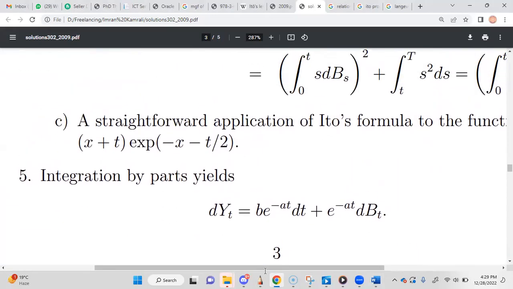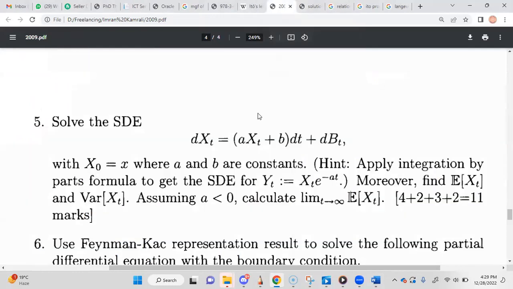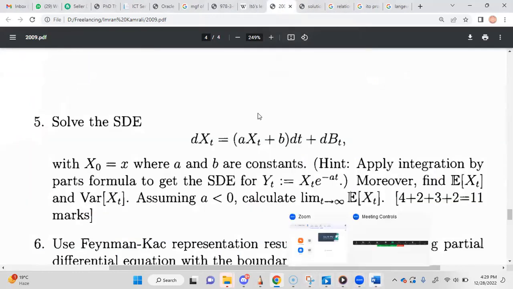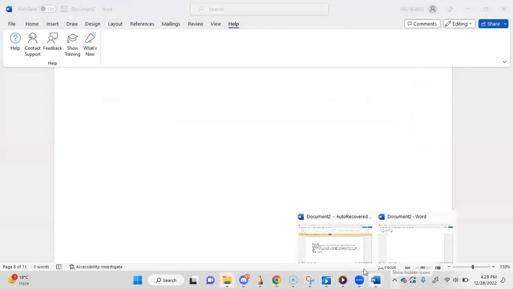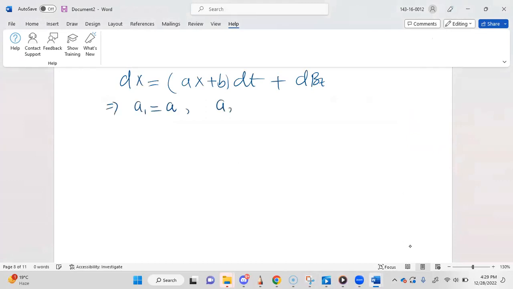The equation was dXt equal to (aX plus b) dt plus dBt, let's say. So our a1 is a, a2 is b, b1 is 0, and b2 is 1.